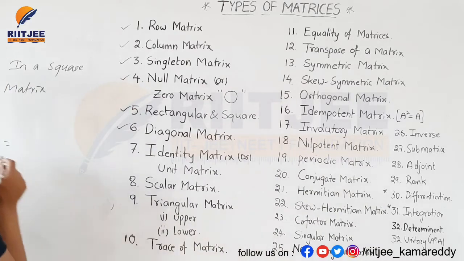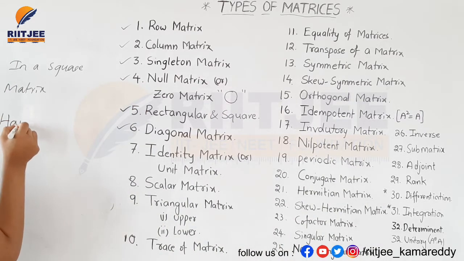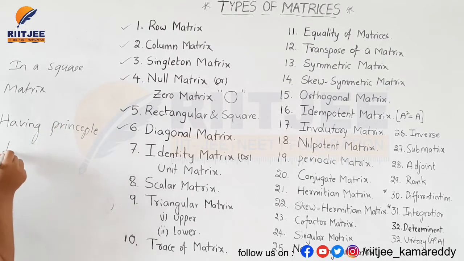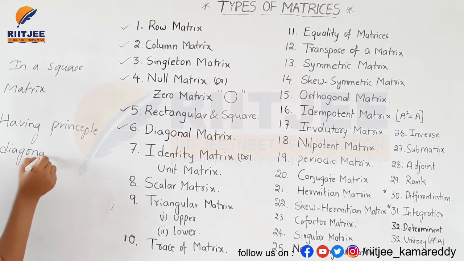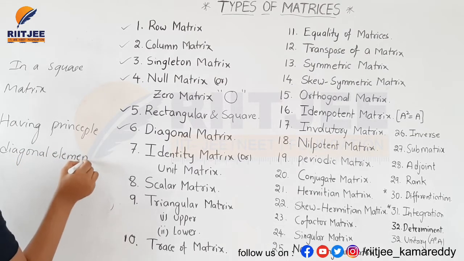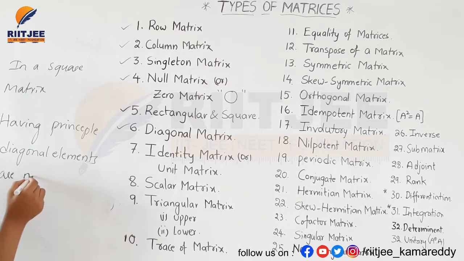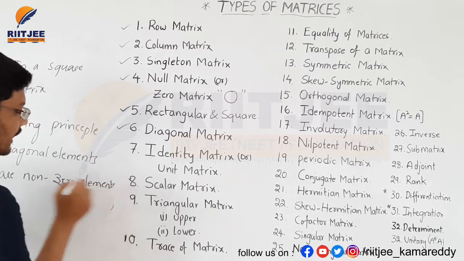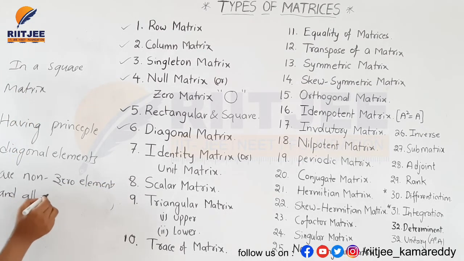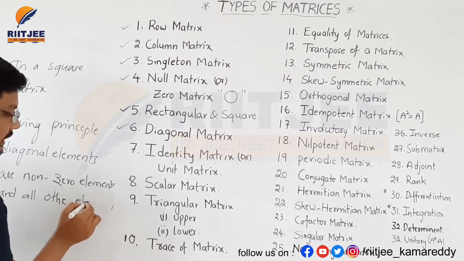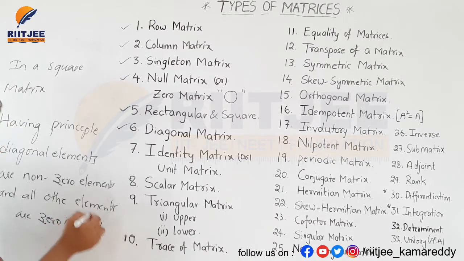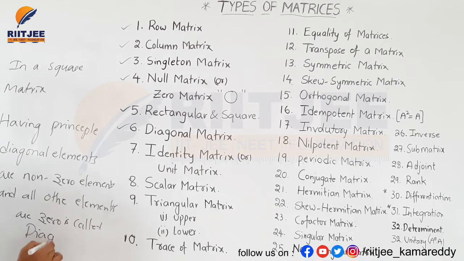Having principal diagonal elements that are non-zero, and all other elements are zeros, is called a diagonal matrix.